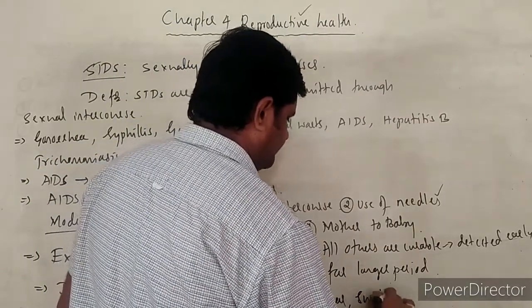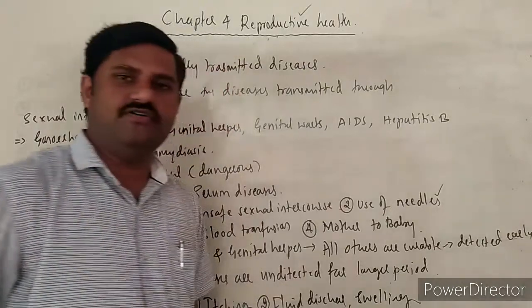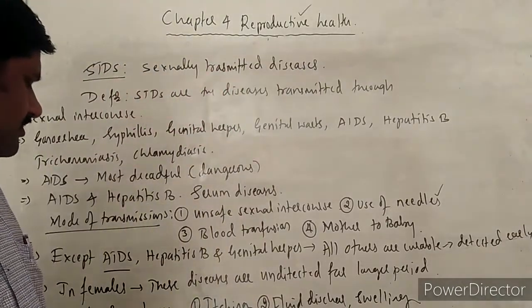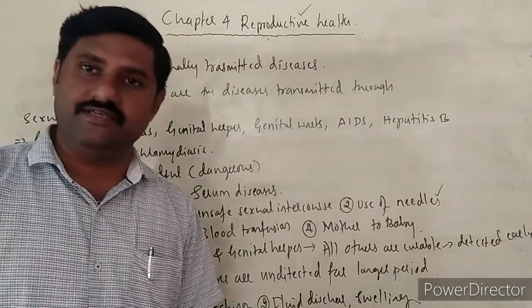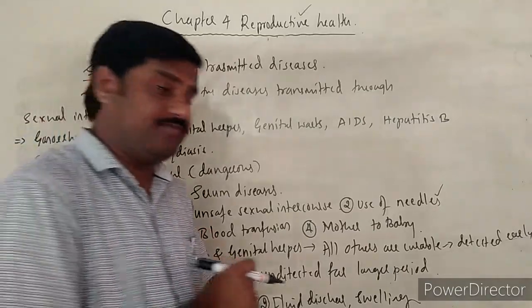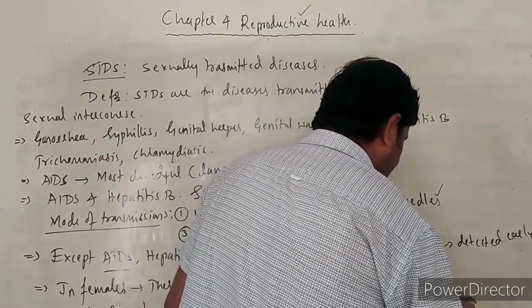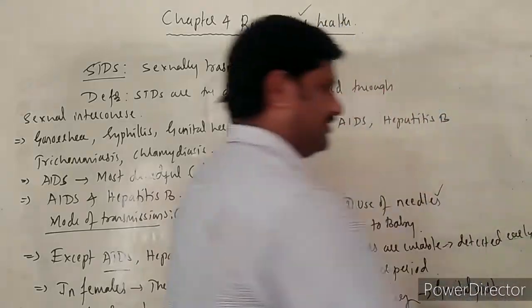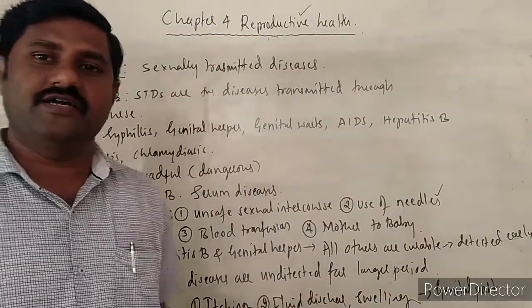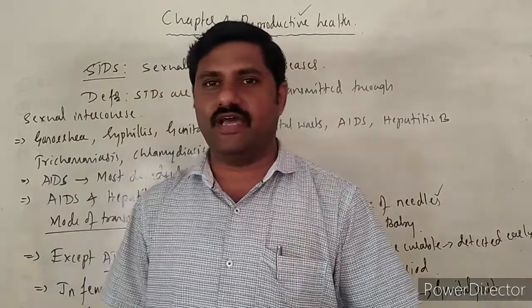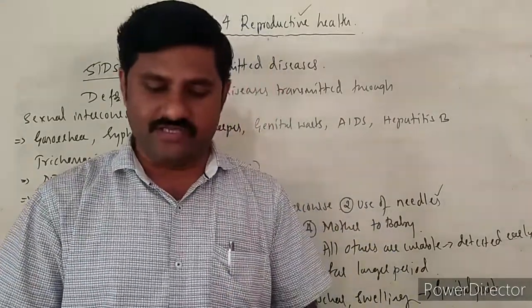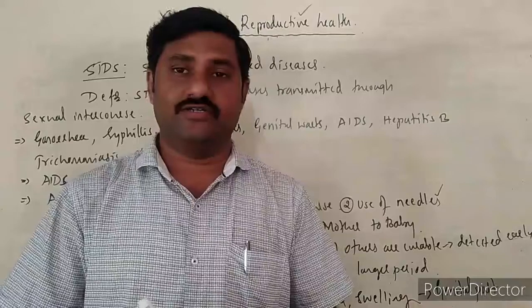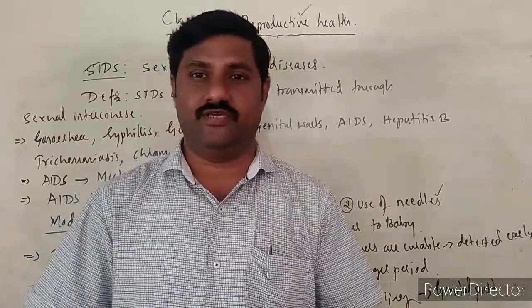And swelling. Such kind of early symptoms are seen in these diseases at the genital part. At the genital part, itching, swelling as well as fluid discharge are the early symptoms.